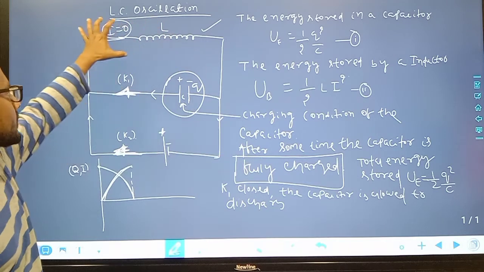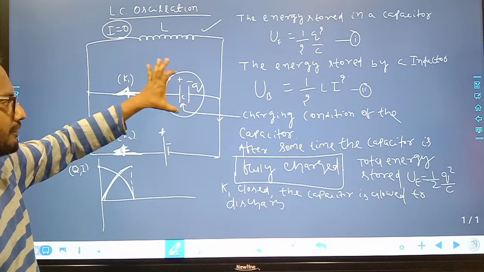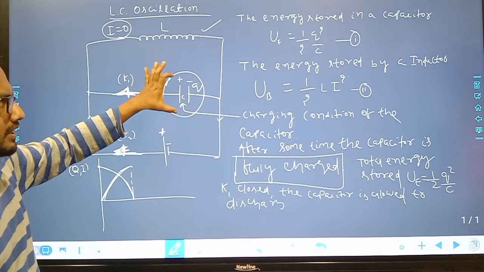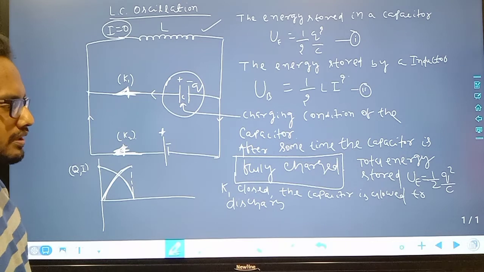Clear? But the current in the circuit was 0, so the total energy stored in the capacitor in the form of electrostatic potential energy is U equal to half Q square by C.